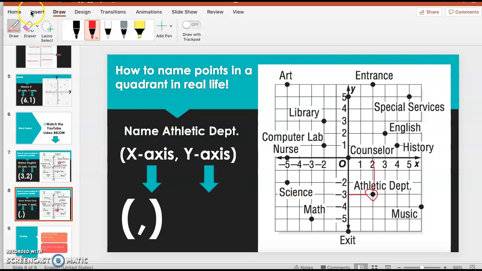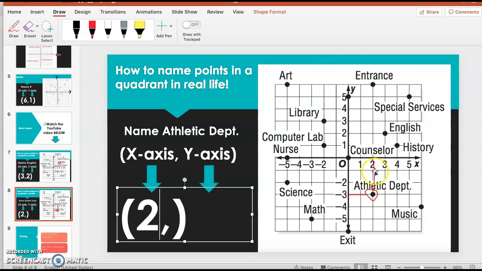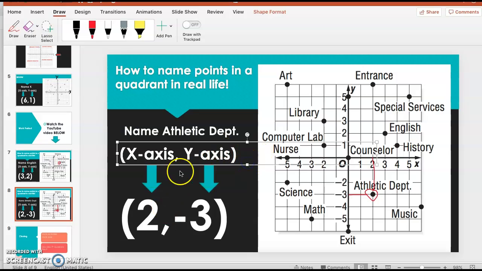So you always start with your x. So the x is 2, positive 2. And then your y is -3. Ta-da! That's just how you do it, guys. Easy peasy. You just go to the x and to the y, and you just write it out like that.